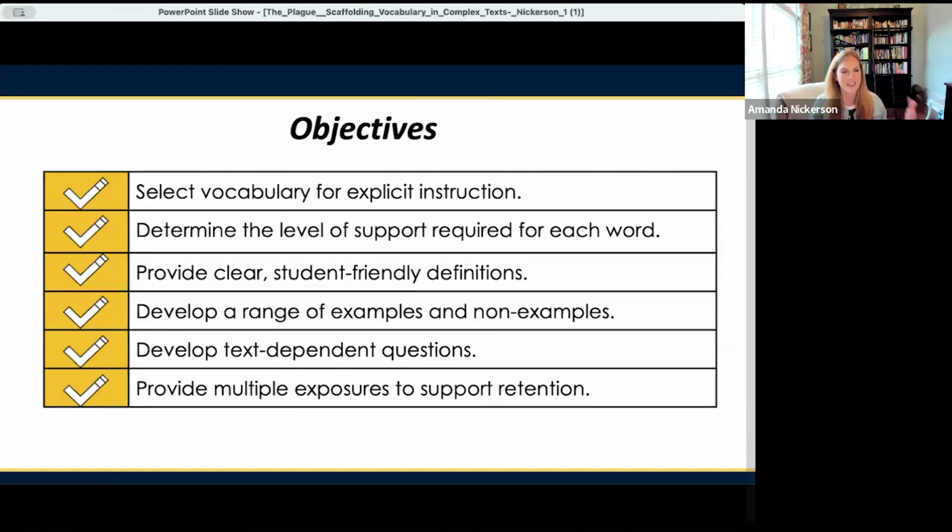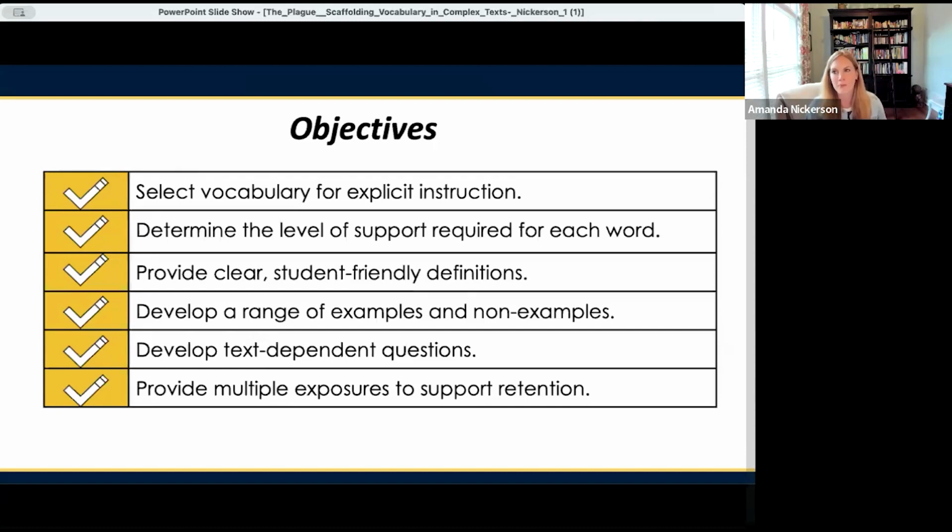Now that we have some context, I want to tell you where we're going. What are we going to do, knowing that our challenges are many, and that students have lots of layers of language that they need support with when we're teaching vocabulary.